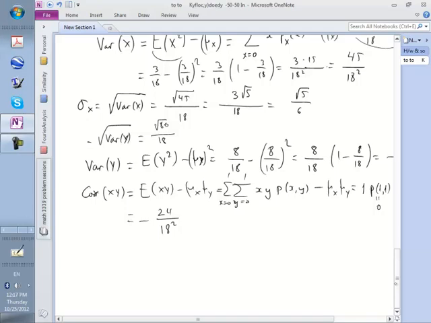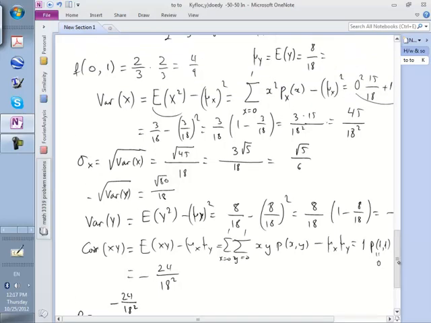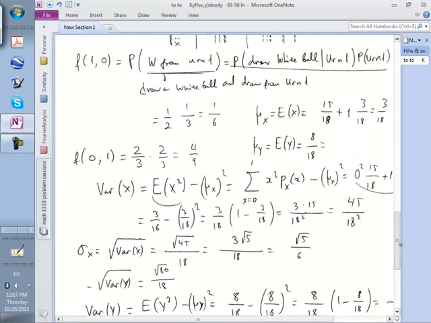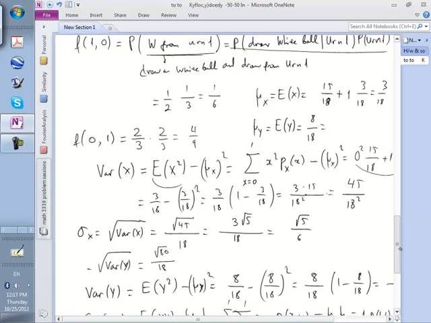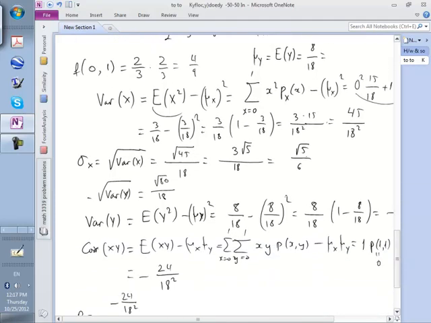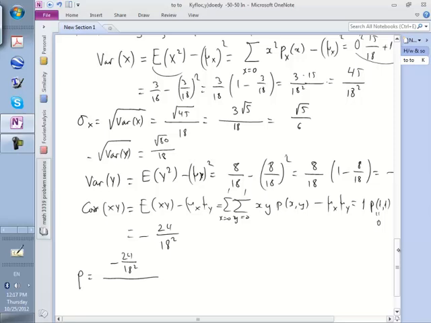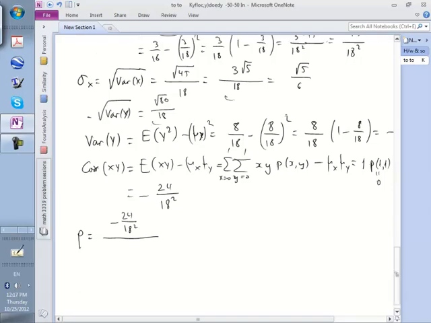Short answer. What is the correlation coefficient between the two? Well, just take the covariance and divide it by the product of the standard deviations. So let's use what we have here, this one and this one. So we have 3 times the square root of 5 times square root of 80 divided by 18 squared. Let's simplify the 18 squared.